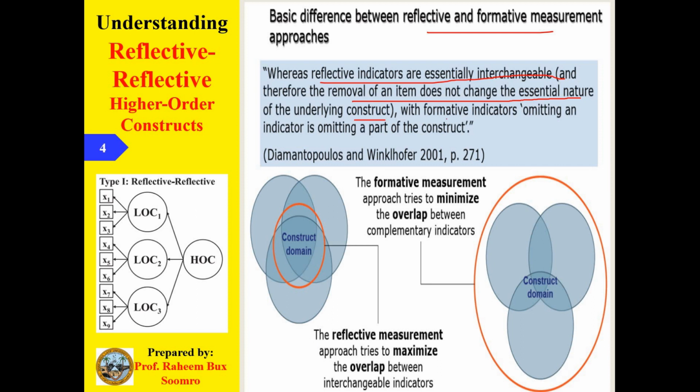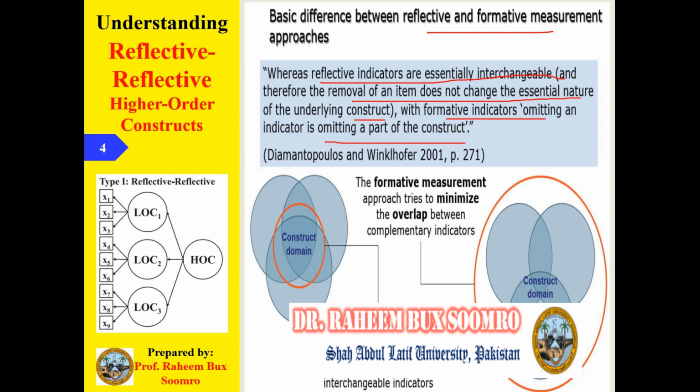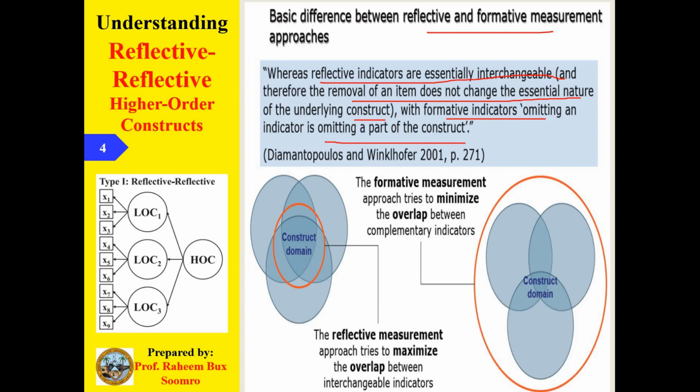Whereas in the formative case, omitting an indicator means omitting part of the construct. In one formative construct there are different parts, so if you delete or omit any one indicator, any one question, you are deleting a complete part of this construct. In the next slide I will show you. But before this, if we talk about overlapping, the reflective measurement tries to maximize overlapping, while the formative measurement tries to minimize it, so the overlap there is very small.